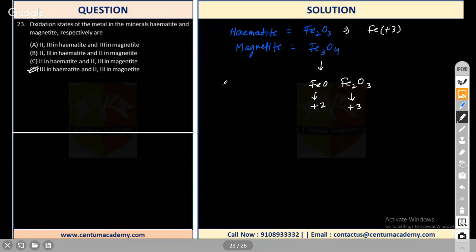You cannot put any logic into it. If you do not know this formula or if you have any doubt, there are all possible options. You cannot do this question. That's why chemistry at some point is difficult. If you know, it will take hardly 2, 3, 5 seconds. If you do not know, you'll waste your time, and you do not know whether you will end up with a wrong answer or right answer.